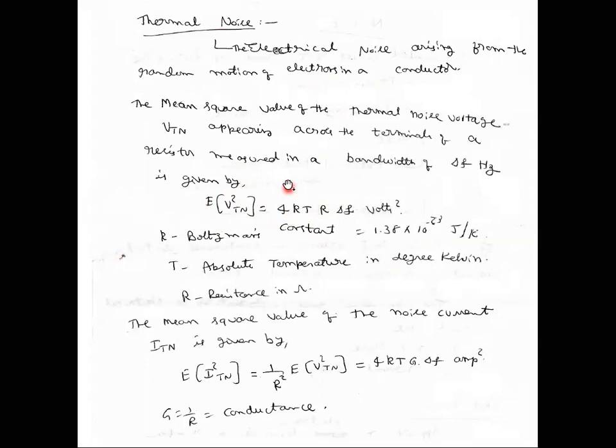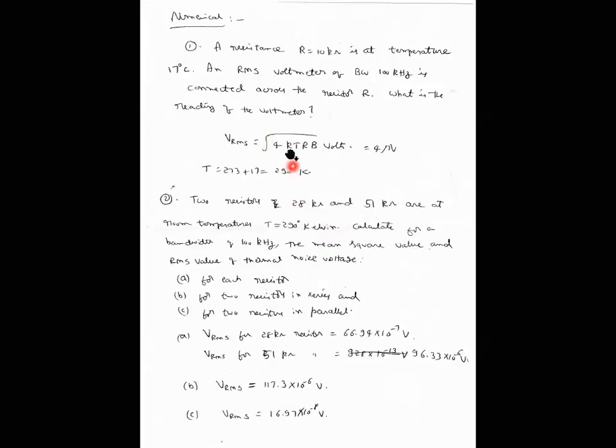So we have to take the square root of this, square root of 4 kTR delta F, or here it is B, both indicate the bandwidth. We know Boltzmann's constant, temperature 290 degrees Kelvin, value of resistor 10 kilo ohm, bandwidth 100 kilohertz. So just substitute everything, compute the square root, and you'll get VRMS as 4 microvolts.